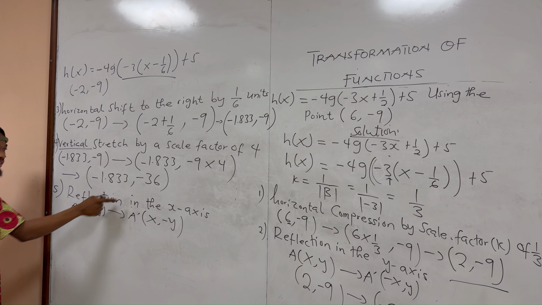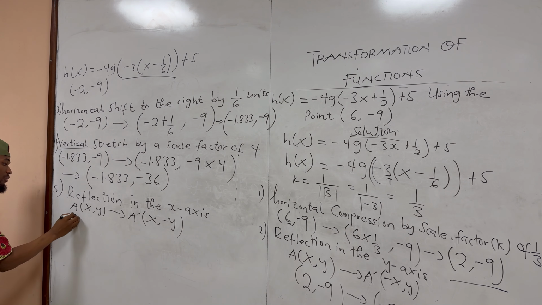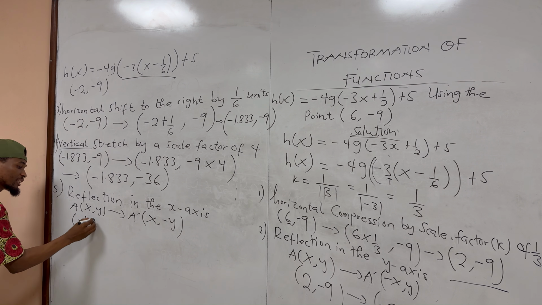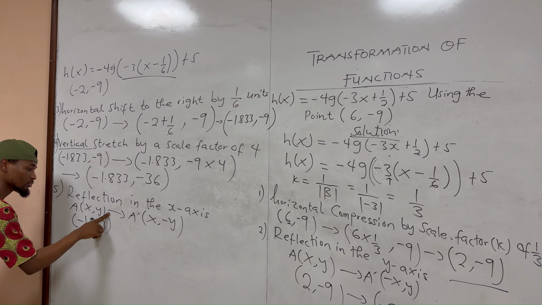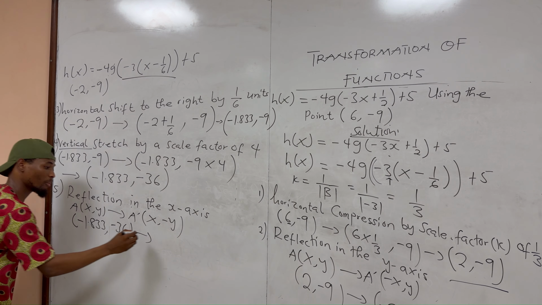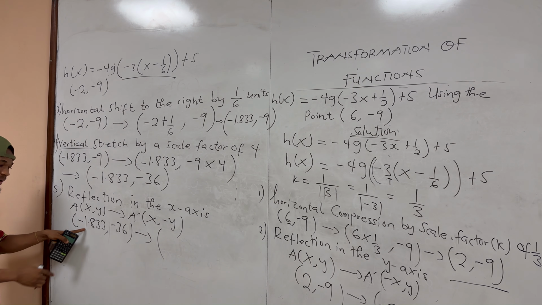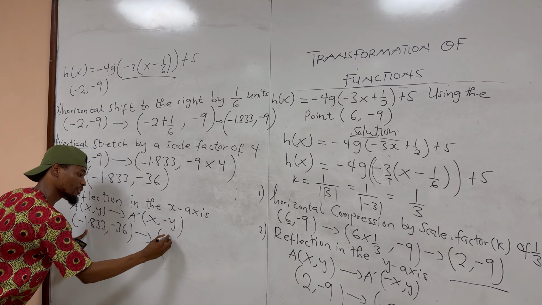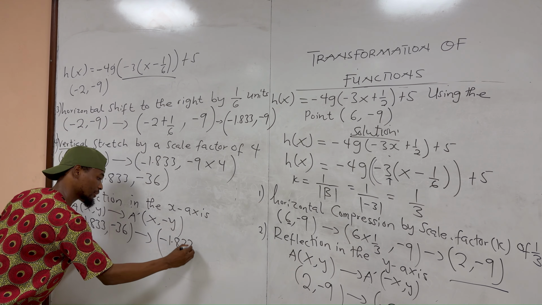So this is my current point, or my reference. I have negative 1.833, comma, negative 36. So my new set of points becomes: I'll maintain my x, which is negative 1.833.